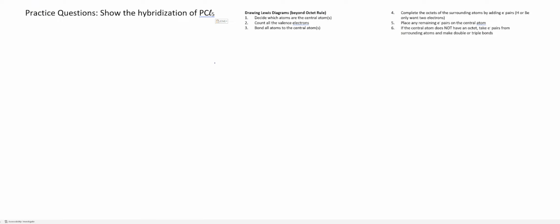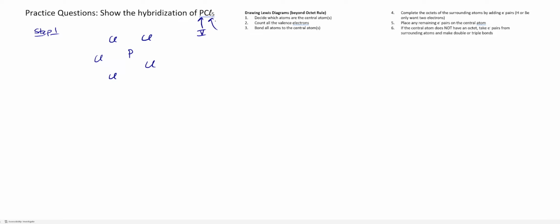The next homework question that we have to do is PCl5, starting with my Lewis diagram. Which one is the central atom? Clearly it's going to be phosphorus, surrounded by 5 chlorines. Count all the valence electrons. If I look at the top of the column for phosphorus, I see a Roman numeral of 5.